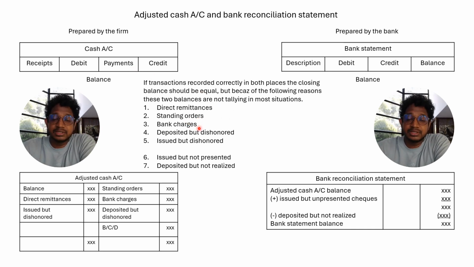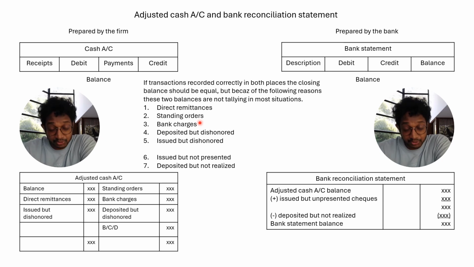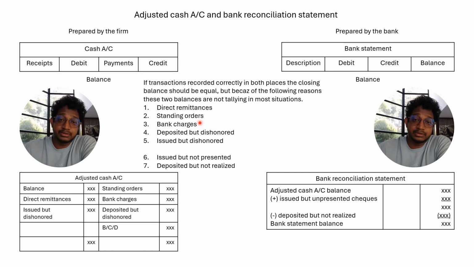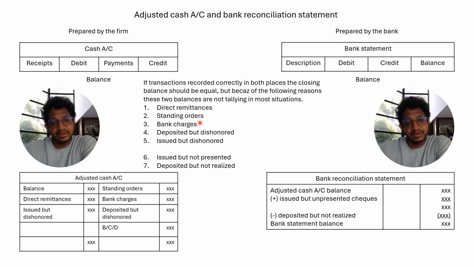That same theory applies for standing orders and bank charges as well. Standing orders mean the orders we give to the bank to transfer some amount to an exact account every month or on a fixed date, right? Those standing orders are paid by the bank directly. But why can't you record that in the cash account? Because of the lack of a source document.